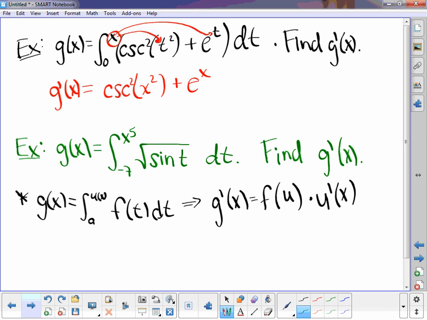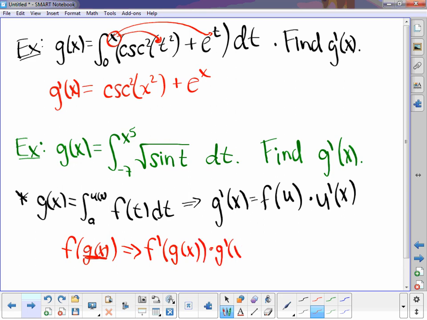So what we have happening here is that when I'm taking my derivative, I now have a function inside a function. You don't have to write this down, but I'm going to remind you. If I had f of g of x, an inside function, when I take my derivative, f prime of g of x, we would then multiply by the derivative of the inside, right?